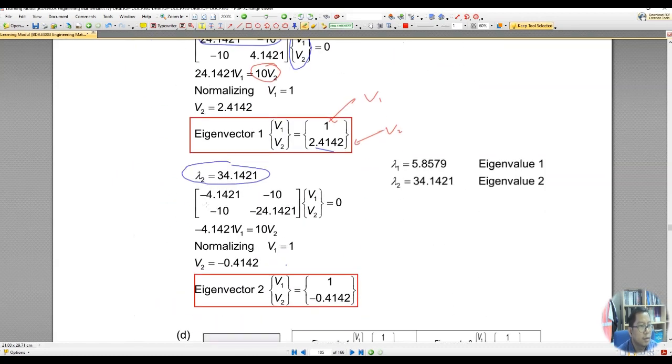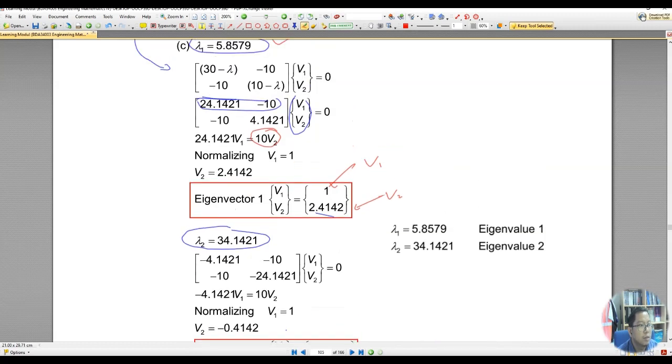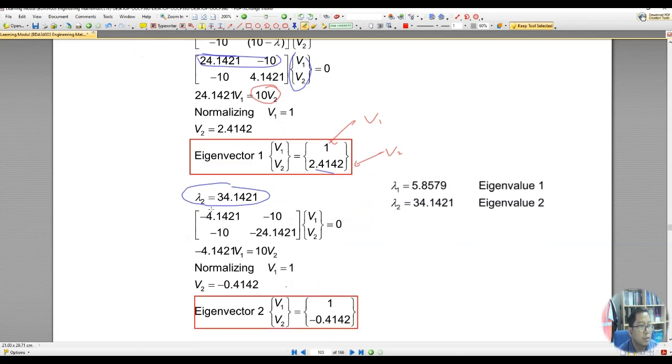Then, since we got the second lambda, 34.1421, again we change all the lambda to 34.1421, and we solve the characteristic equation, and then we get the value like here.